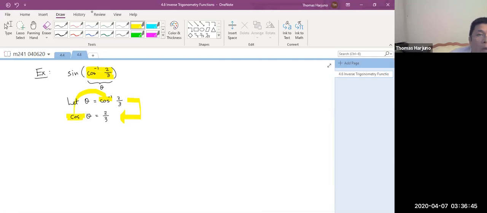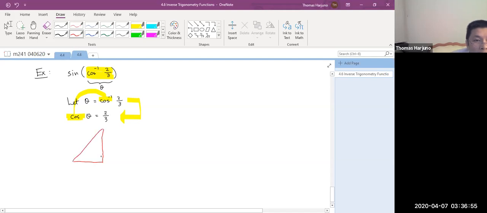Now, once we get that cosine theta equals 2 over 3, then I draw a right triangle with angle theta on one of the angles. Now cosine theta is 2 over 3 means this has to be 2, this has to be 3. I'm sorry, that's wrong.